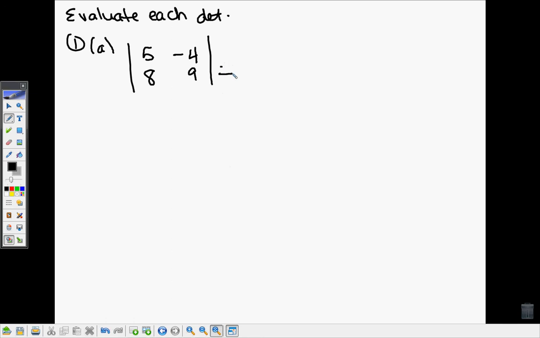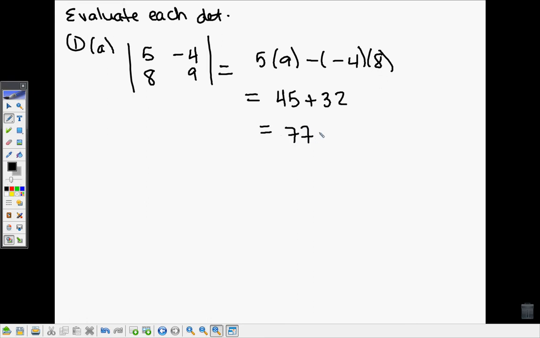So you're going to take 5 times 9 minus -4 times 8, or 8 times -4. Obviously, it doesn't matter how you multiply a number like that. So 5 times 9 is 45. 2 negatives make a positive. 4 times 8 is 32. Add them up. 77. So your answer, or the determinant of that matrix, is 77.